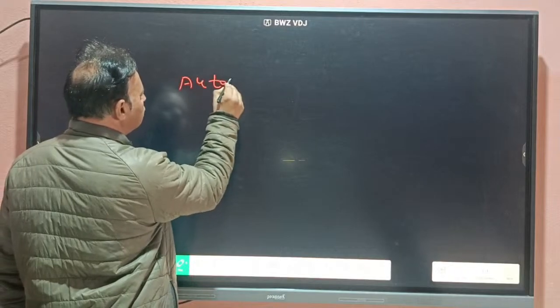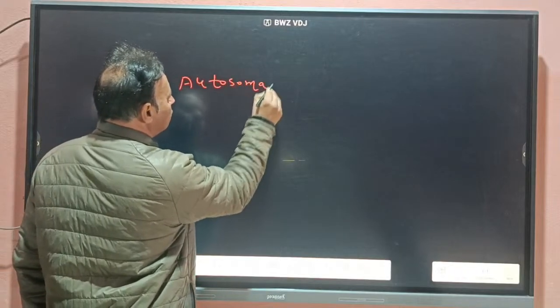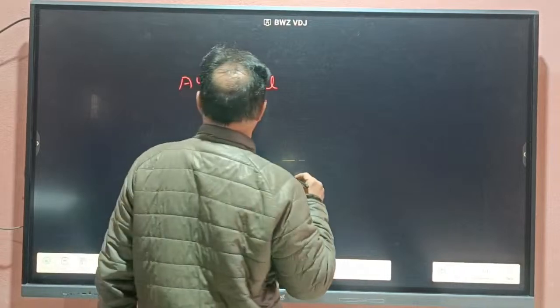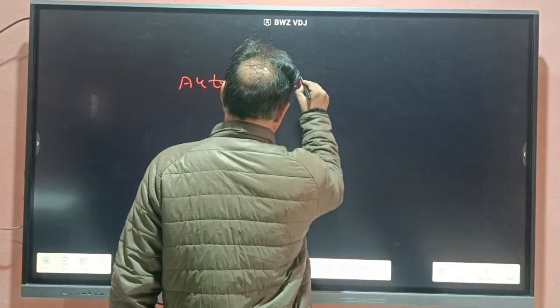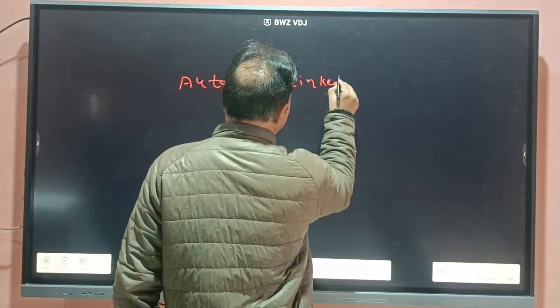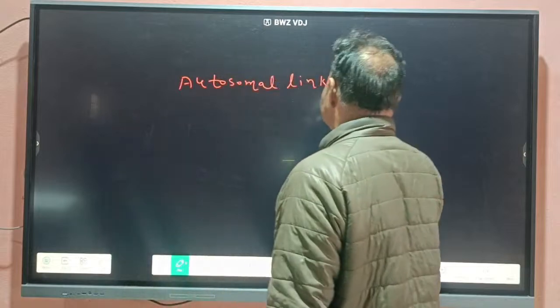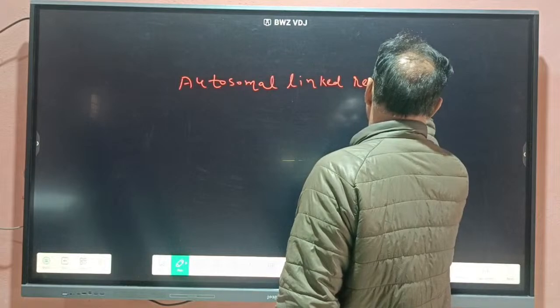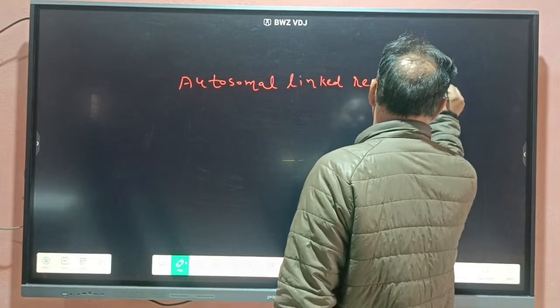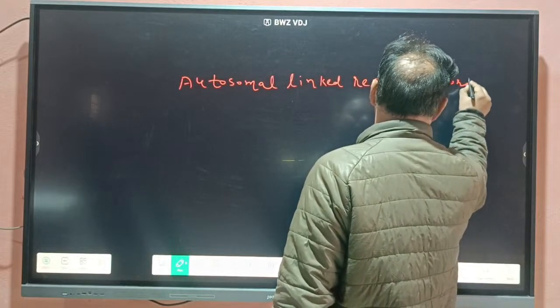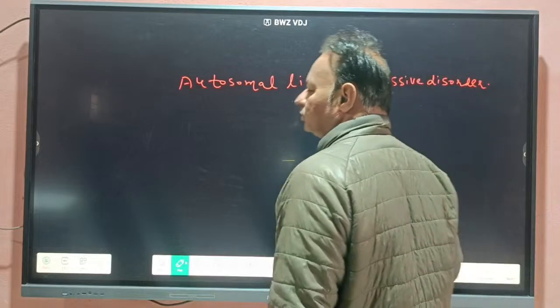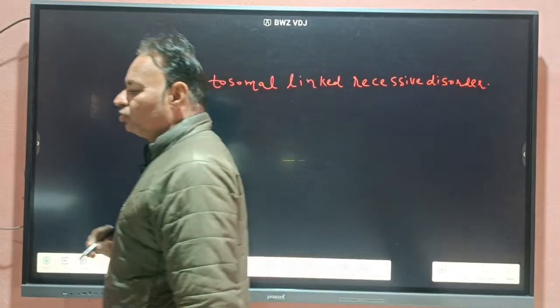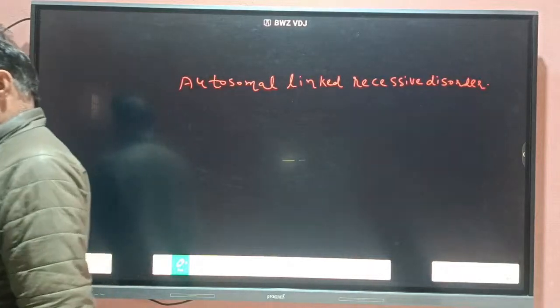First is the autosomal linked recessive disorder. What are the examples of autosomal linked recessive disorder?